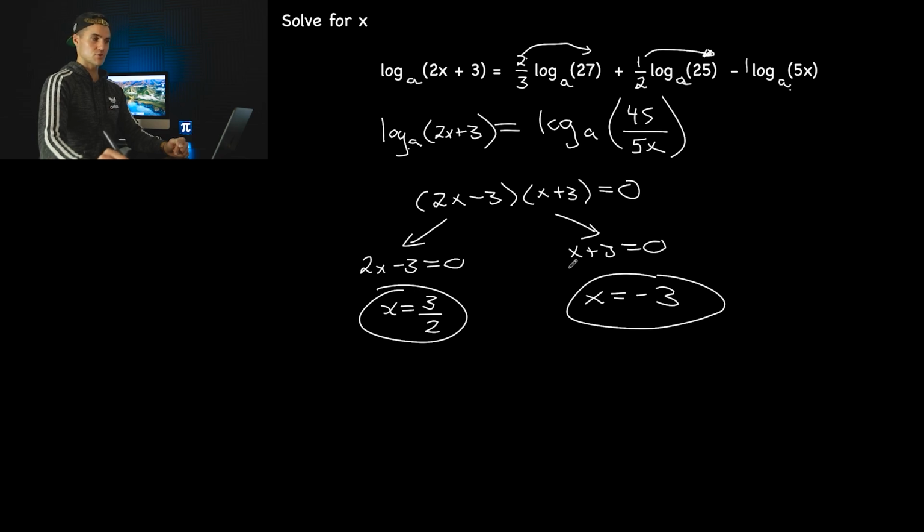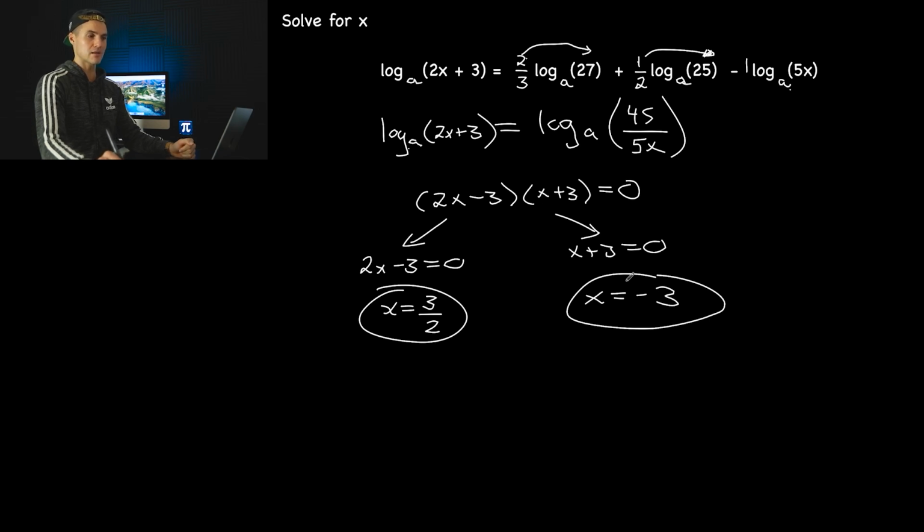However, we got two solutions, but if you remember, whenever you get logarithmic equations, you want to take your solutions and plug them into the original one, because these two solutions are the solutions to this polynomial equation or this quadratic equation. It doesn't necessarily mean that they're going to be legitimate solutions for our original logarithmic equation.